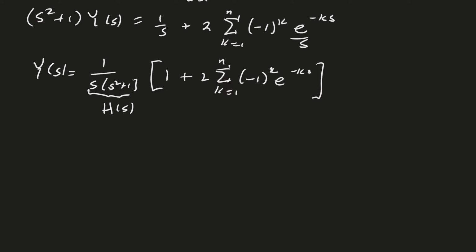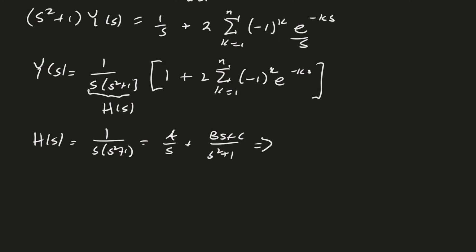Remember how we were doing that before? And so if h of s is 1 over s times s squared plus 1, that's equal to a over s plus bs plus c over s squared plus 1, right? So that means that 1 is equal to a times s squared plus 1 plus bs plus c times s. Good.